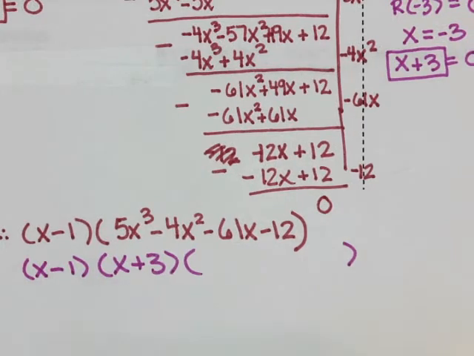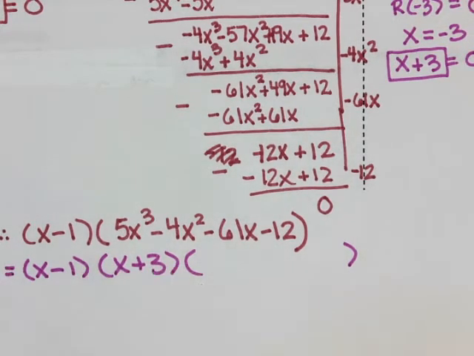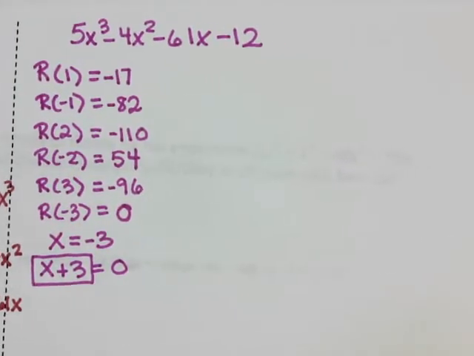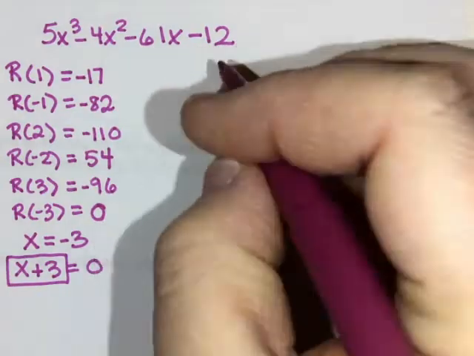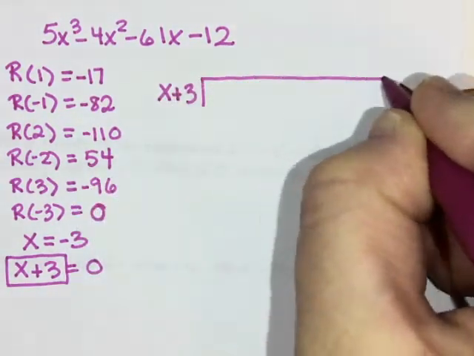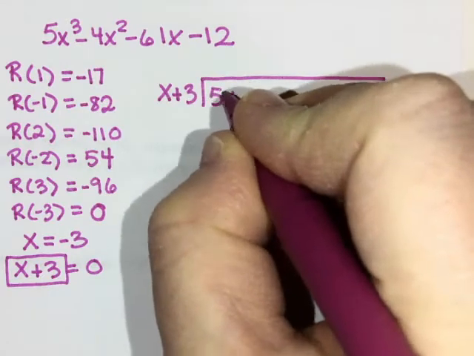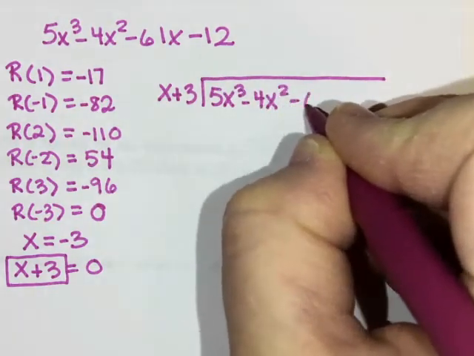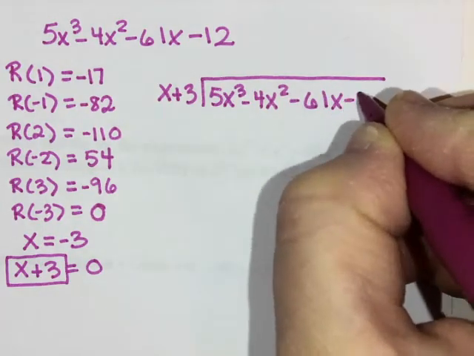We're going to have to figure out what that something is. I know that this part here is x plus 3 times something. We are now going to do some division. How many times does x plus 3 go into 5x cubed minus 4x squared minus 61x minus 12?